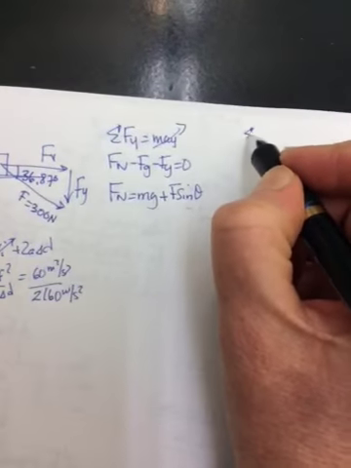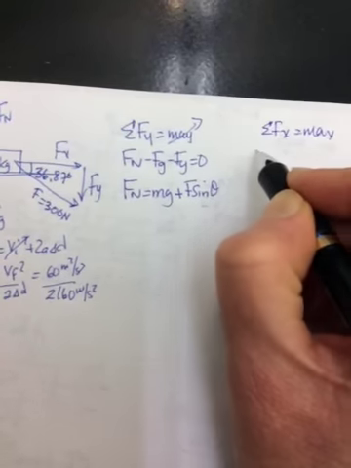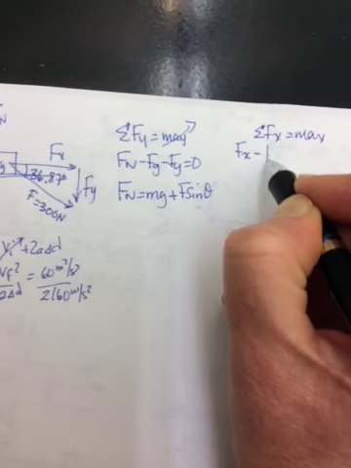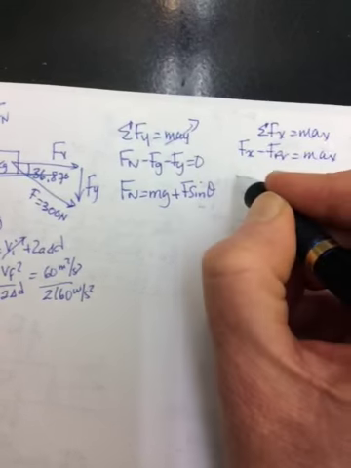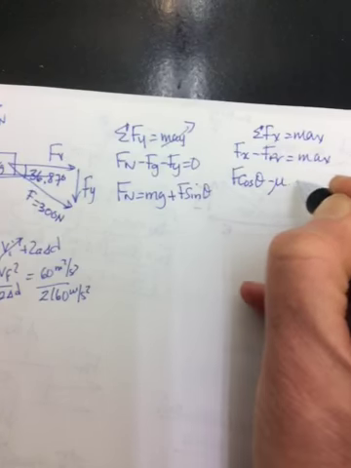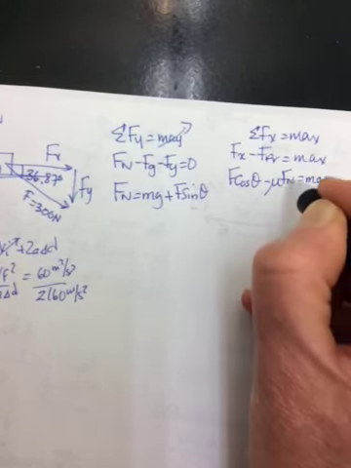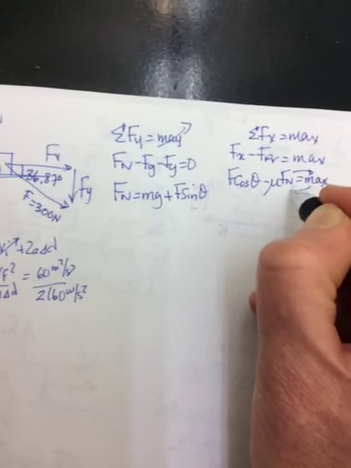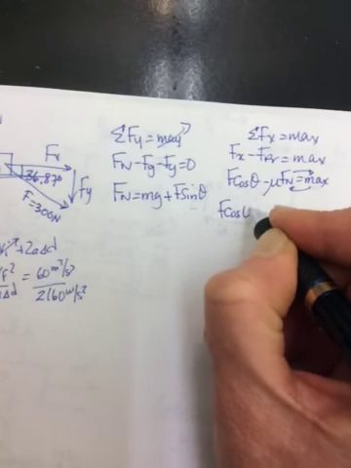Go to sum of the forces in the x direction, and it'll be Fx minus friction equals m a_x. Fx is F cos theta. Friction is mu Fn, equal to m a_x. I take the mu Fn over and the m a_x over, because you're trying to solve for mu.